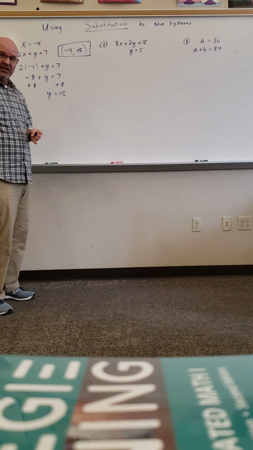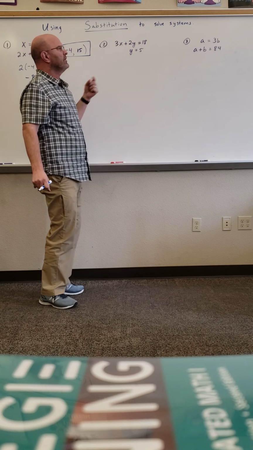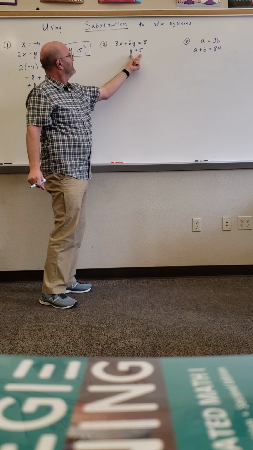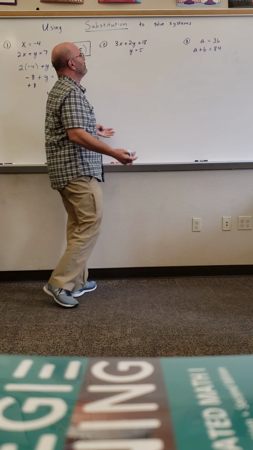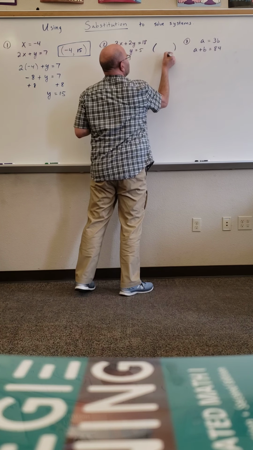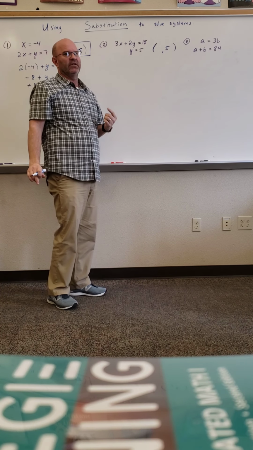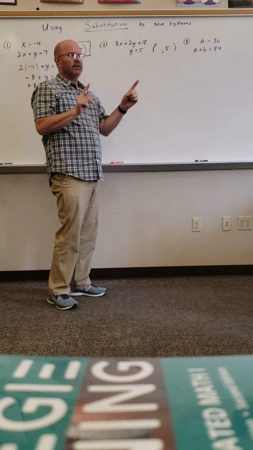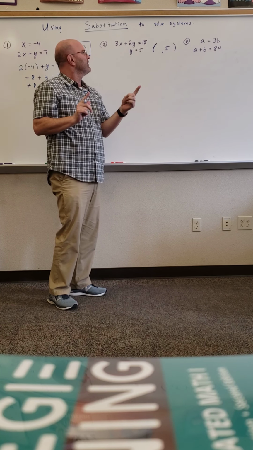Okay, we're going to go a little bit faster now. On example 2, we certainly don't know the x value, but aren't they giving us the y value? So this is another kind of simple one. We know the y-intercept right away is 5, so I'm putting it in the y position, not the x position. You've got to make sure you get your x's and y's in the right spot.